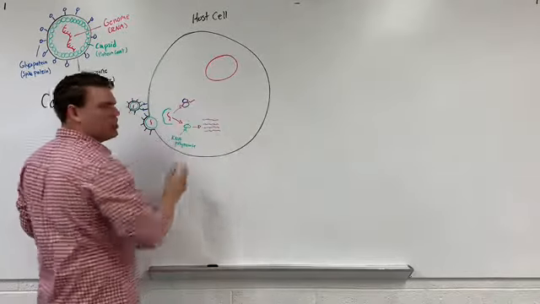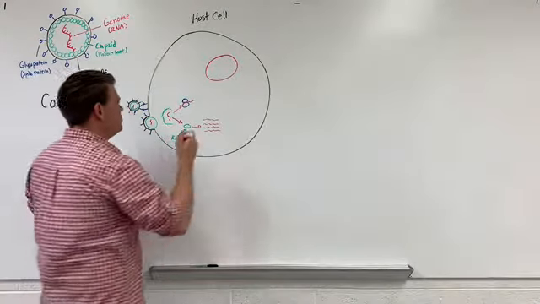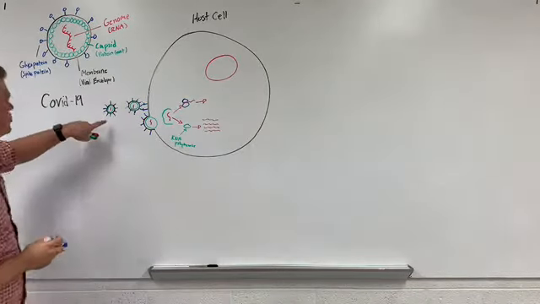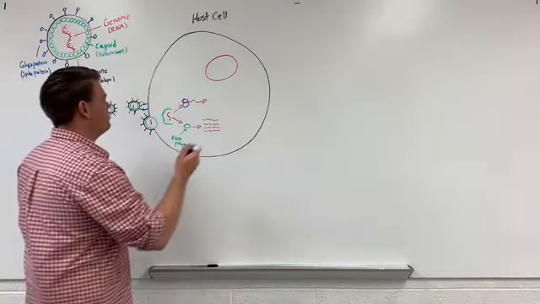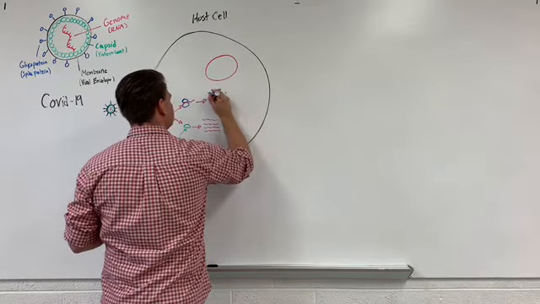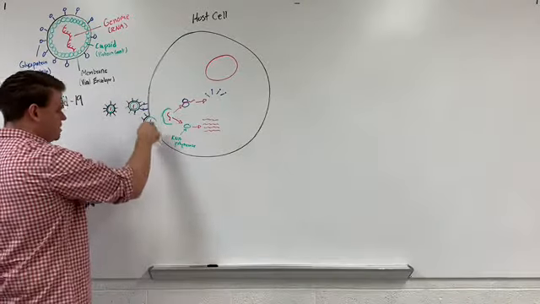And then that ribosome will start to translate the RNA into the different proteins. So what are those different proteins? That's going to be our spike proteins here, so our glycoproteins, and our protein coat, our capsid.